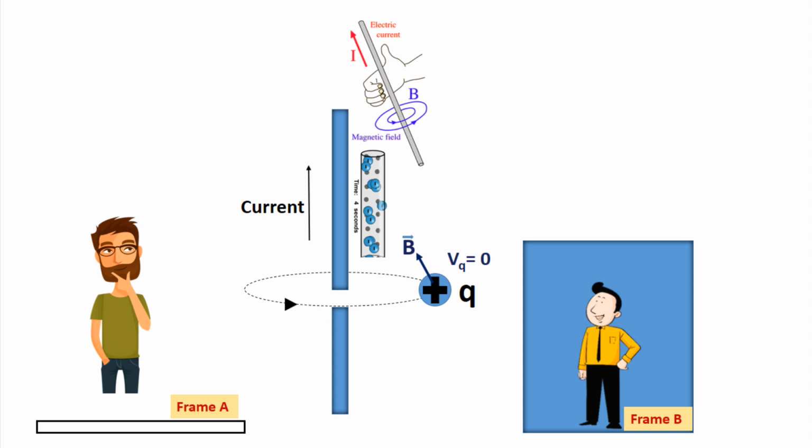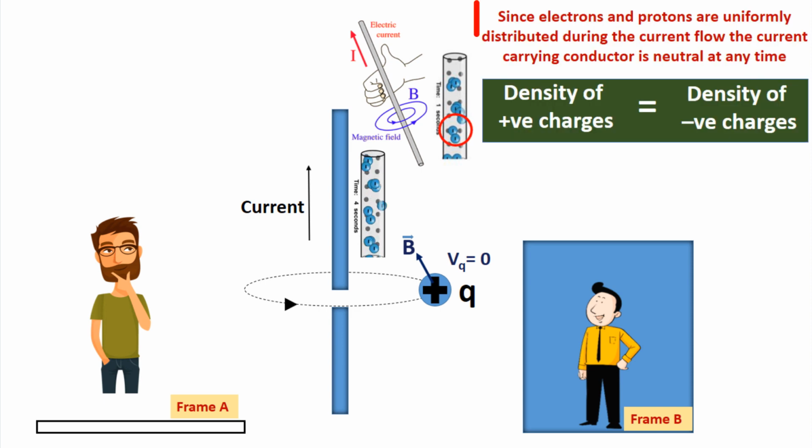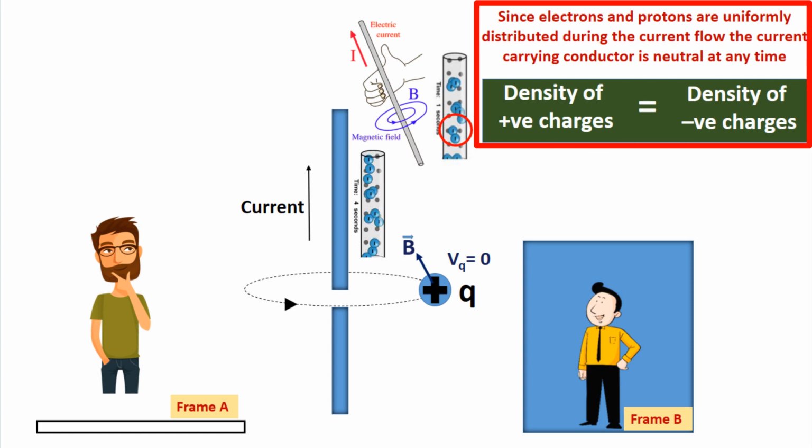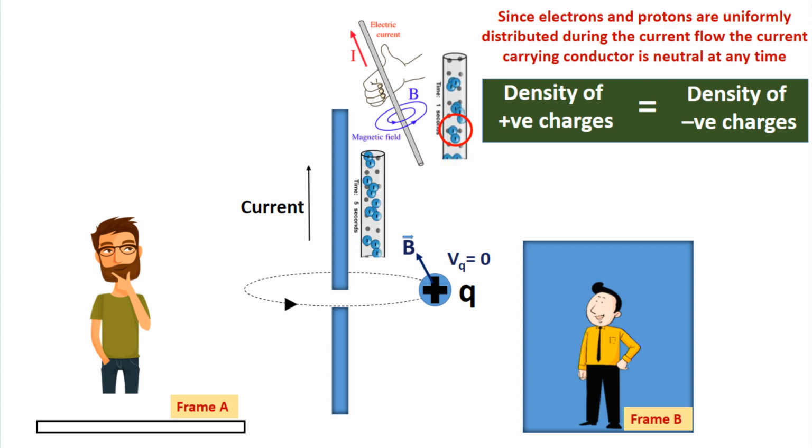If we take a snapshot of the current carrying conductor, we find that in any small region inside, the density of the positive and the negative charges is almost the same. The free electrons are just jumping from one atom to the other. It means the current carrying conductor is neutral at any moment of time with respect to both the frames of reference.